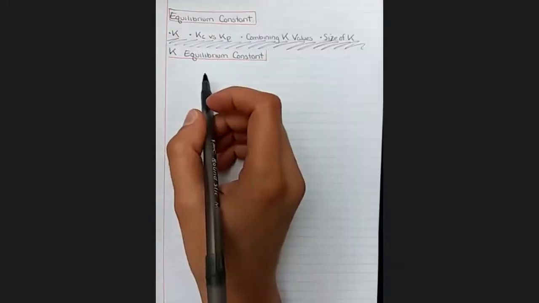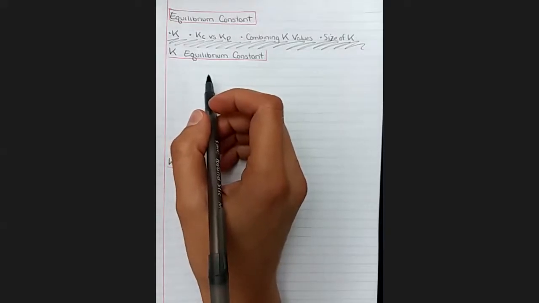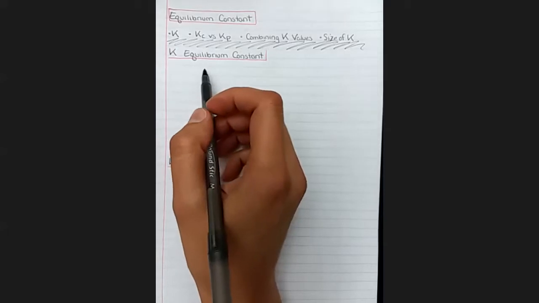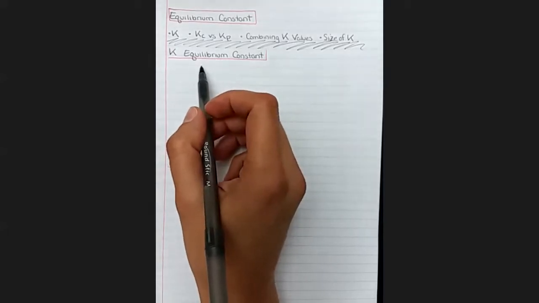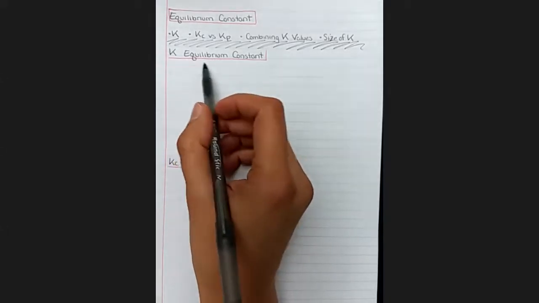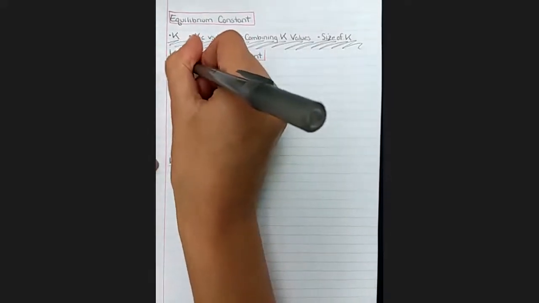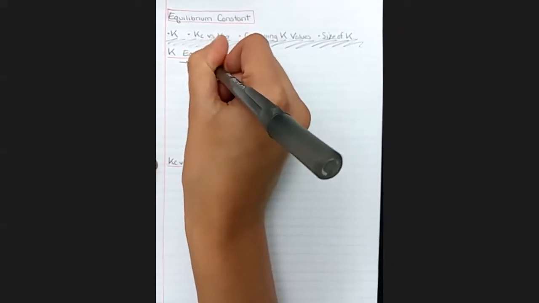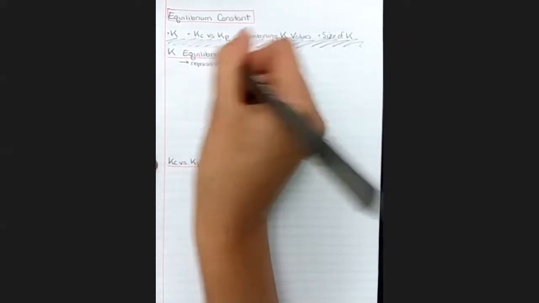So as we talked about in the last video, we know that the equilibrium constant represents the point where the rates of reaction of the forward and reverse reactions are the same, but we don't know about the concentrations. And we really want to know about concentration. So this is where the equilibrium constant comes in.